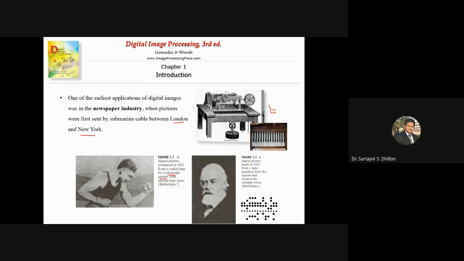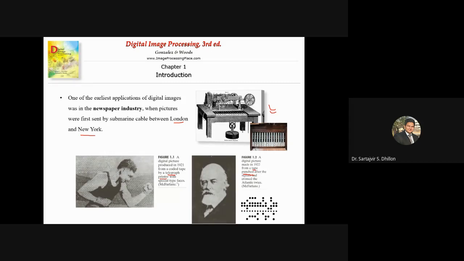There is another example of a digital picture in which the tape punch is used. Now, what is a tape punch? Again, dots are created on a tape. There is a particular tape of a specific size, in which dots are created to design a particular image.